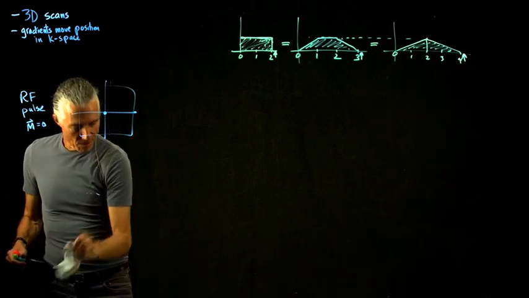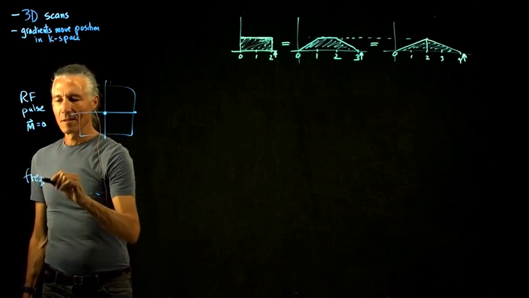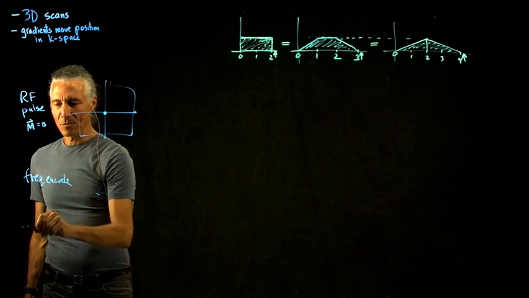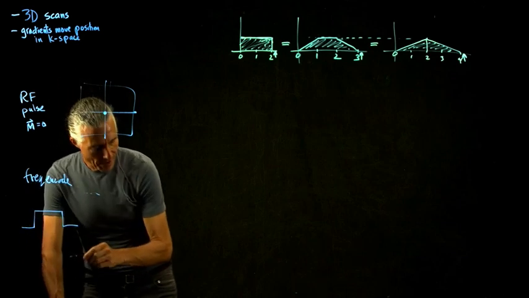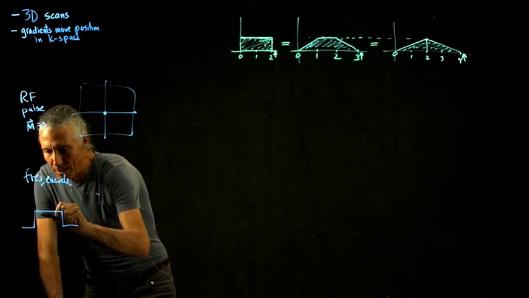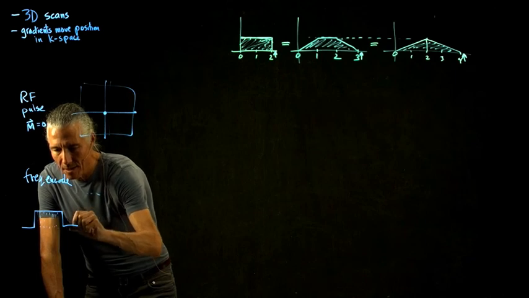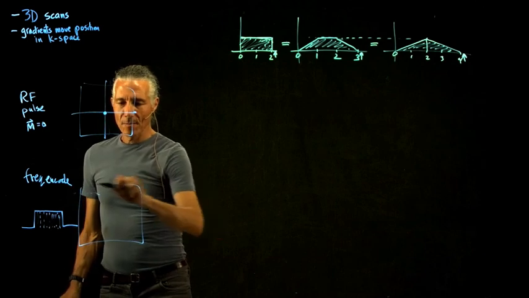So if we do frequency encode, this corresponds to just turning the gradient on like that, and then recording all our data samples. What does that correspond to over here?